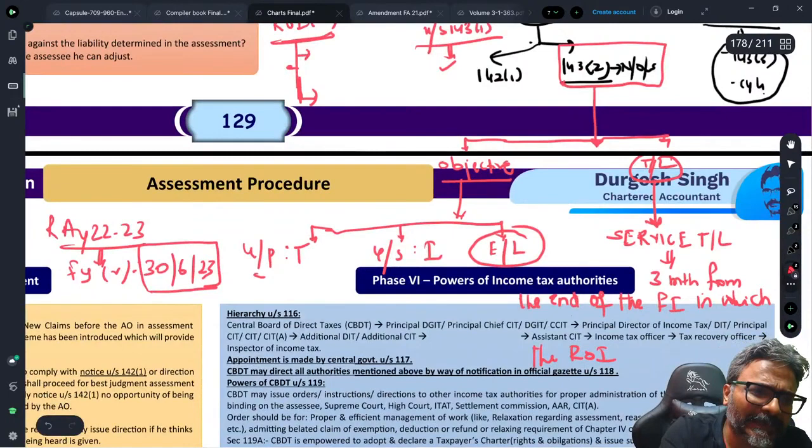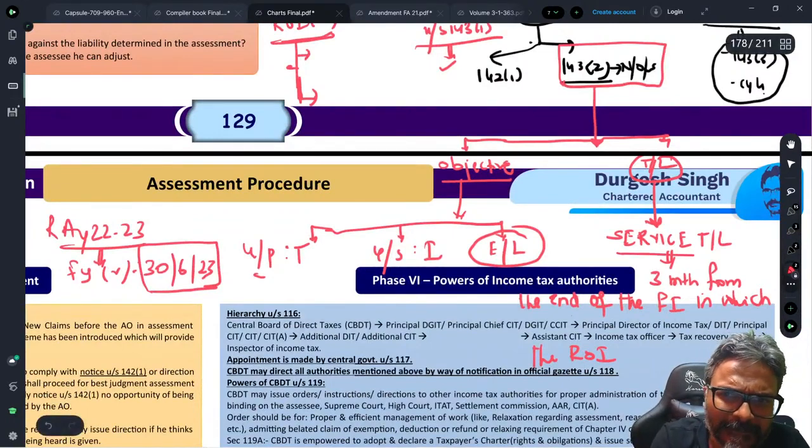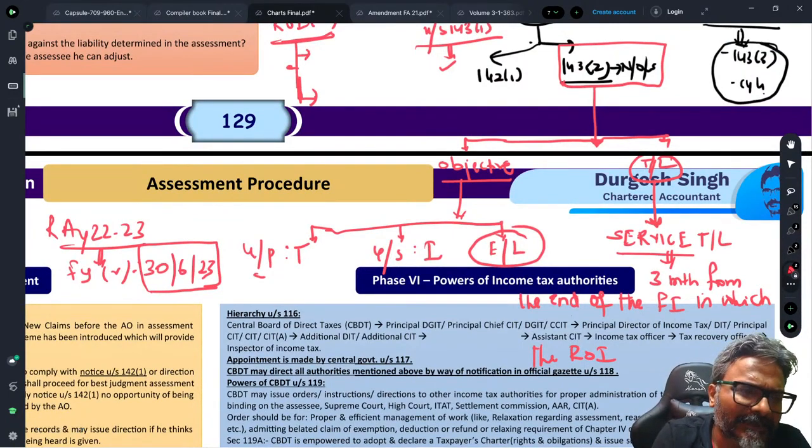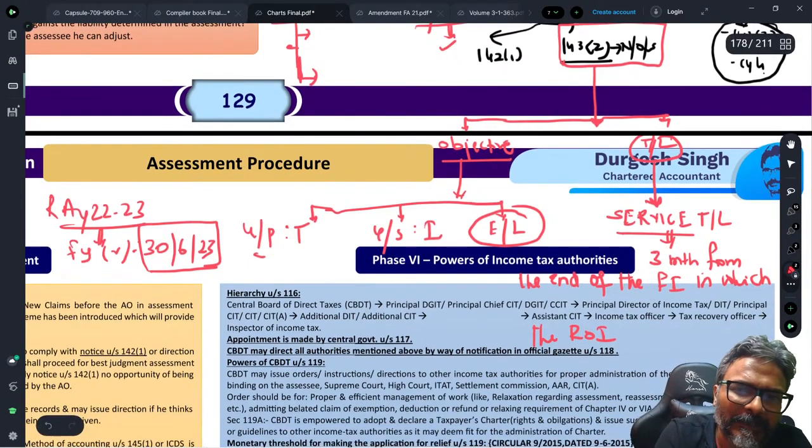By the way, students, I think every one of you is also aware of section 292BB. Supposing the notice of scrutiny is served on you, and this time limit is of service.